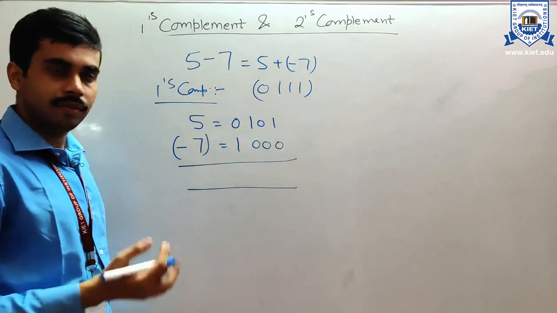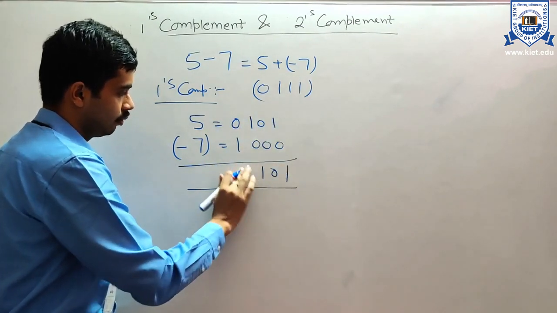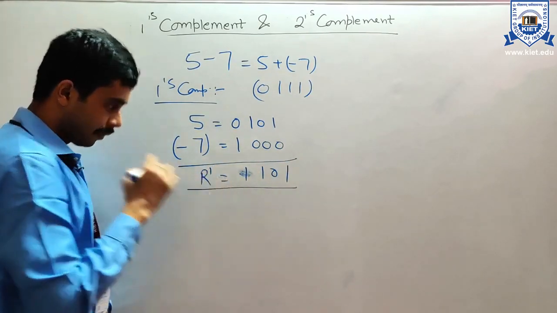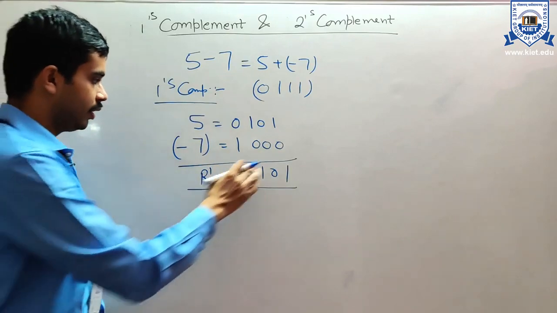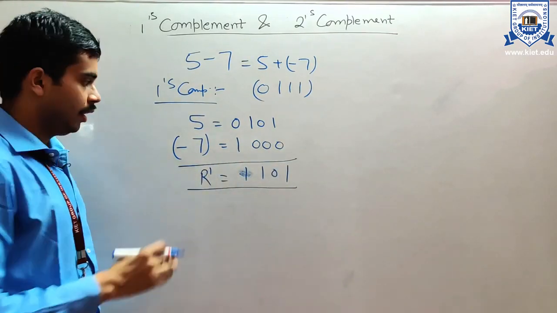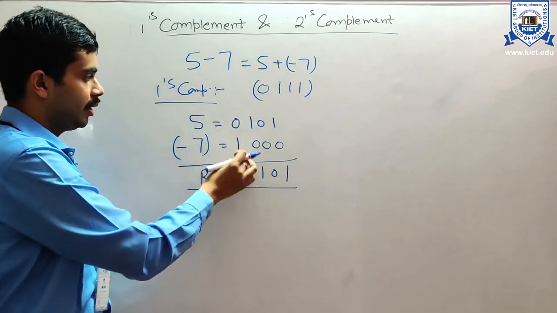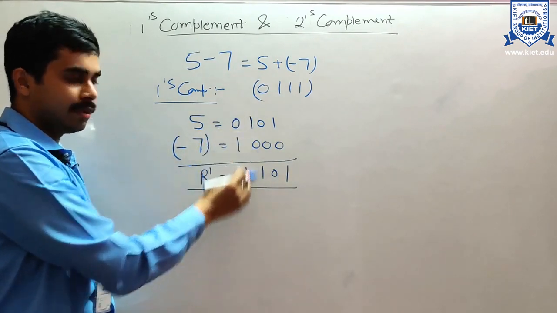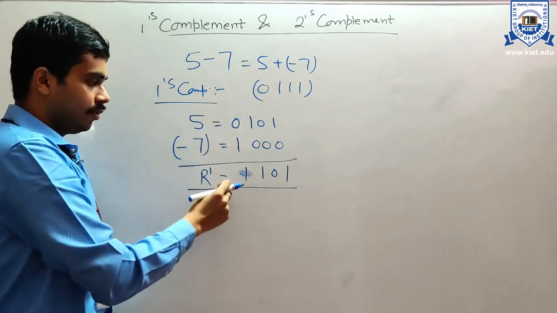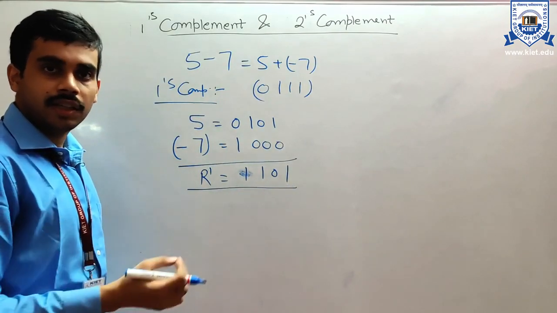Now we will perform the addition: 1 0 1 1. We have got a result, but it is not our final result. Why? There are two cases. If an end carry is generated, meaning a carry is produced at the MSB after the operation, then we add that carry to our result and get our final answer.